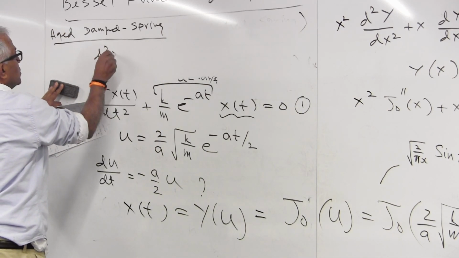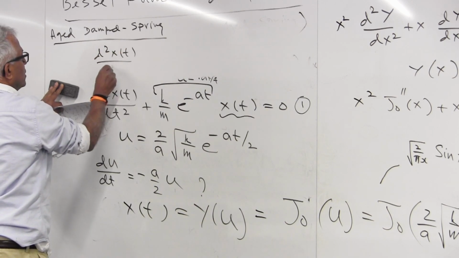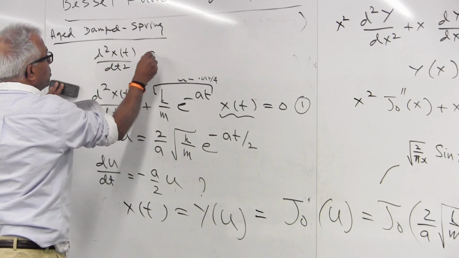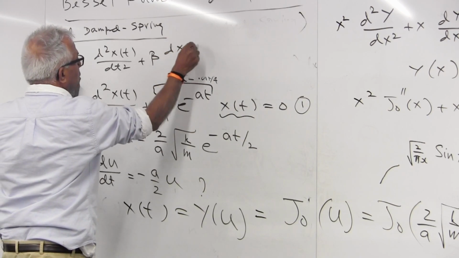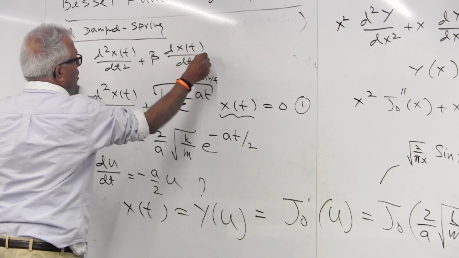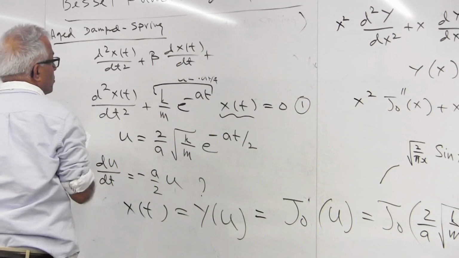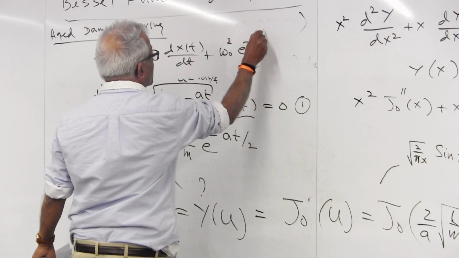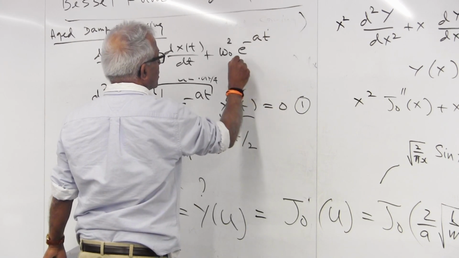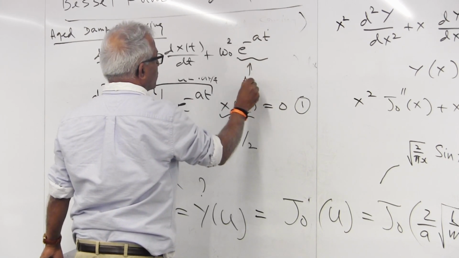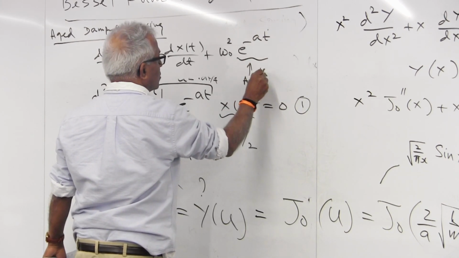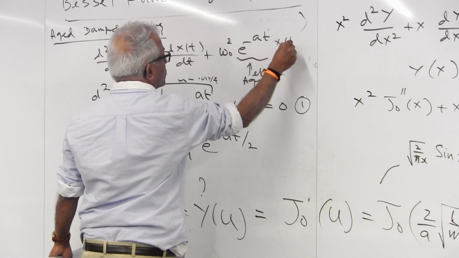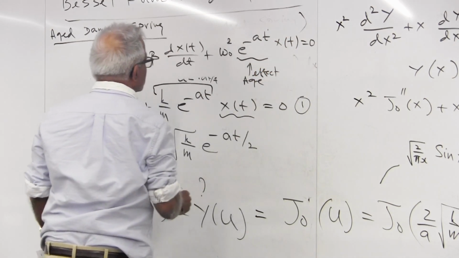So here the equation is d squared x(t) by dt squared plus beta dx(t) by dt plus omega 0 squared x(t), where I'm going to assume the aging factor e raised to minus at. So we want to solve this.